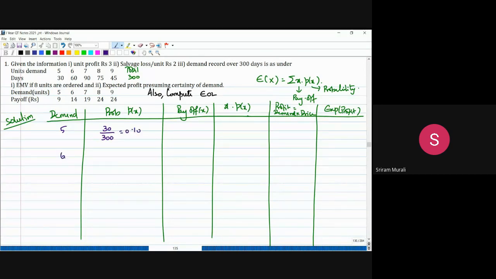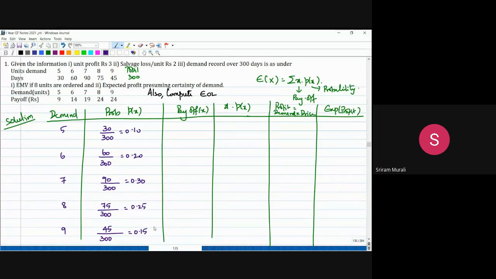Demand 6: 60 by 300 is 0.20. Demand 7: 90, that is 0.30. Demand 8: 75, the chance is 0.25. Demand 9: 45, which is 15%.